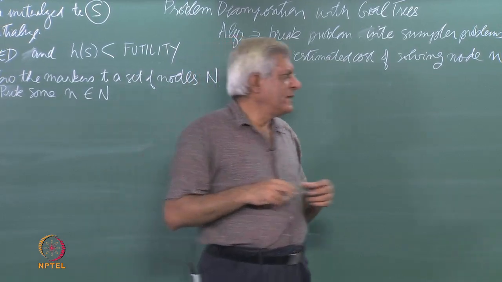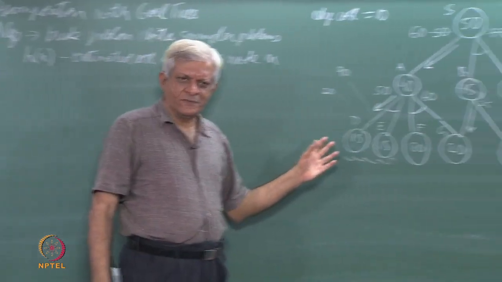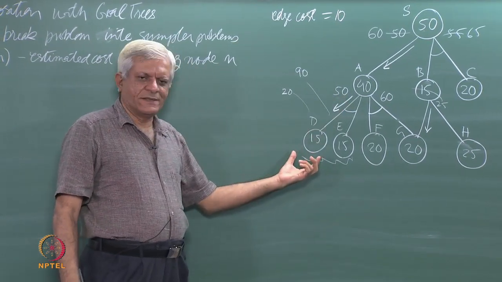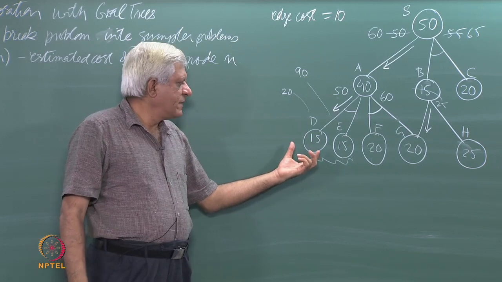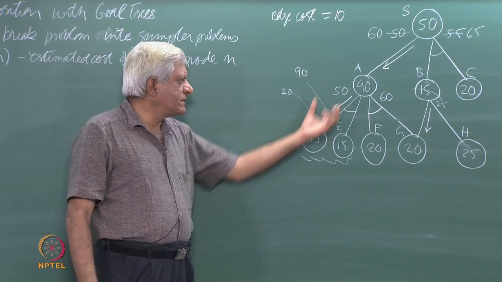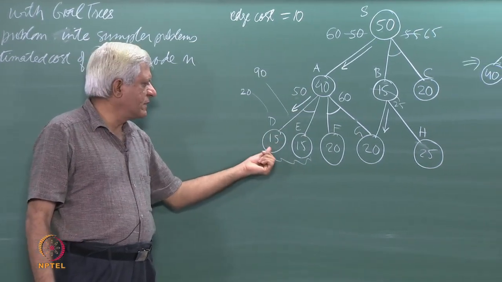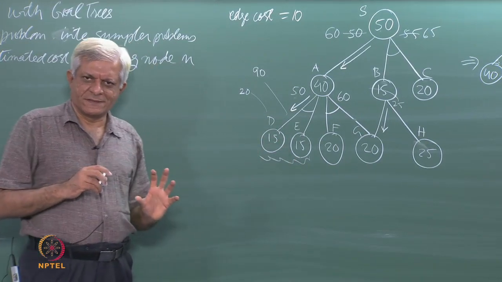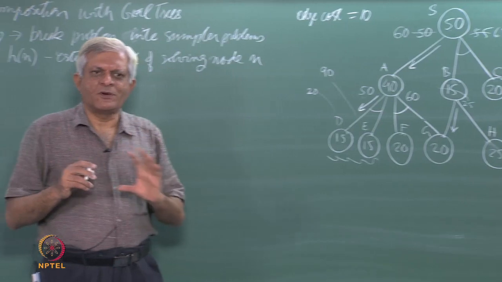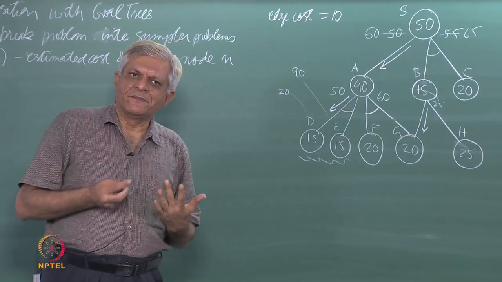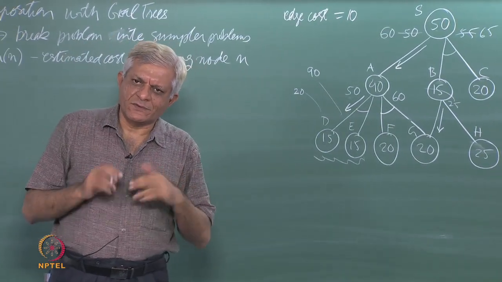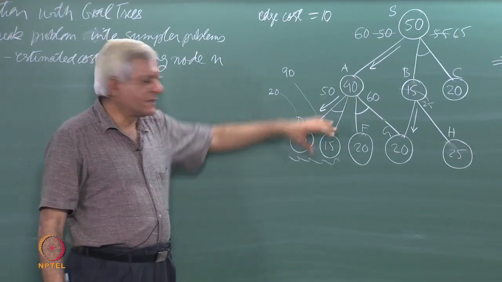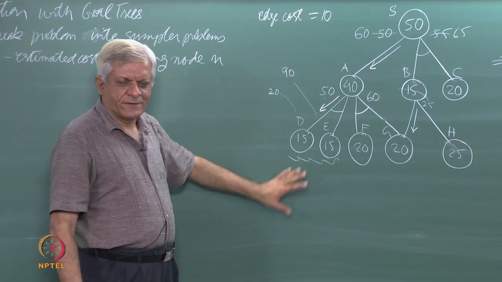In an AND/OR graph, if you are at an AND choice like this, if the solution is along this direction, you will have to eventually solve D and you will have to solve E also. So, from that point of view, it does not matter whether you pick D or whether you pick E, because you have to solve both.